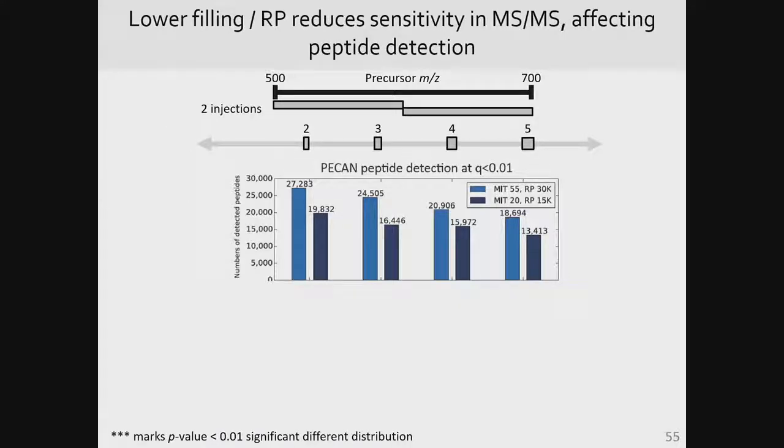It turns out that in all cases, the maximum inject time of 55 milliseconds and the higher resolving power were better off than a smaller maximum inject time and a lower resolving power. Getting more points across the peak was the only benefit of the maximum inject time of 20 and 15,000 resolving power, along with a cycle time that was twice as fast.